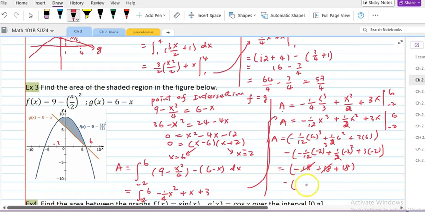So this would be negative 8 over negative 12. So it'll be 8 over 12 plus 2 minus 6, right? Because this is 2, so 4. Simplify: 2 over 3. 2 over 3 minus 4.